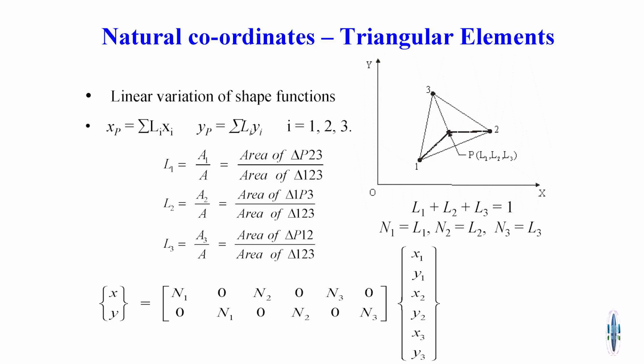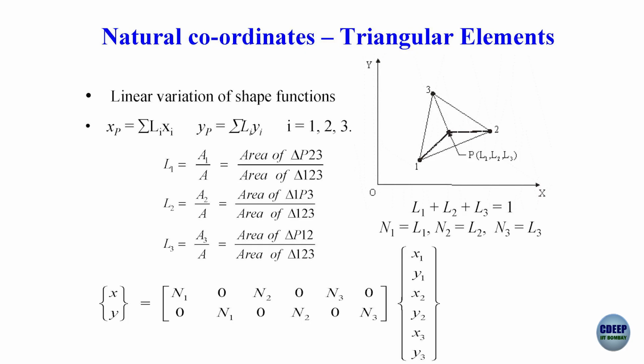Now for a 3-node triangular element, you already have the shape functions actually. x is N1 x1 plus N2 x2 plus N3 x3. N1 has to be 1 at x1, 0 at x2 and x3. So, therefore, it is actually L1 itself. Is that okay?